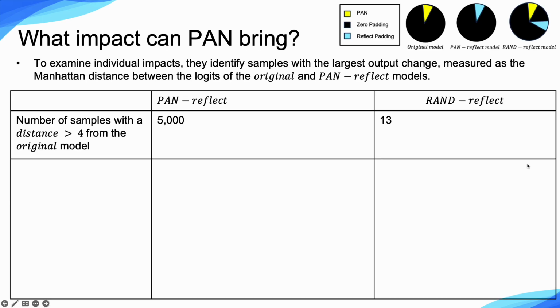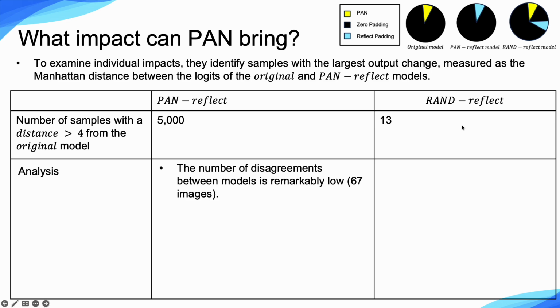There are 5,000 samples in PAN reflect with a distance greater than 4 from the original model, but there are only 13 in the random reflect. And the number of disagreements between models is remarkably low.